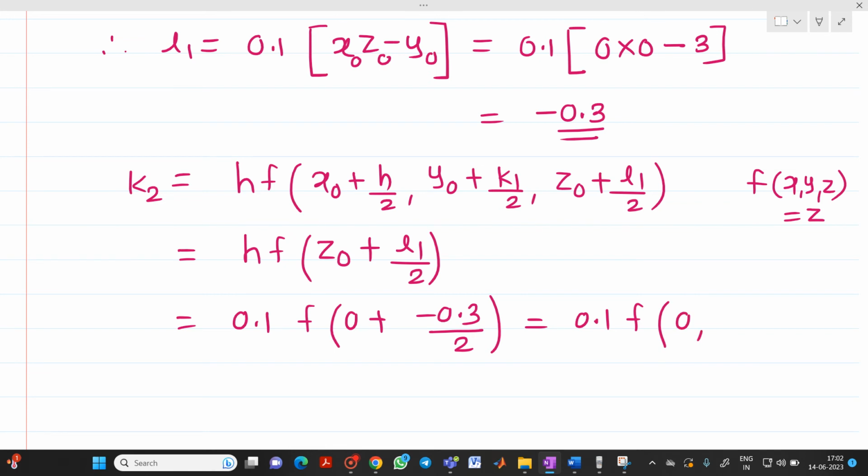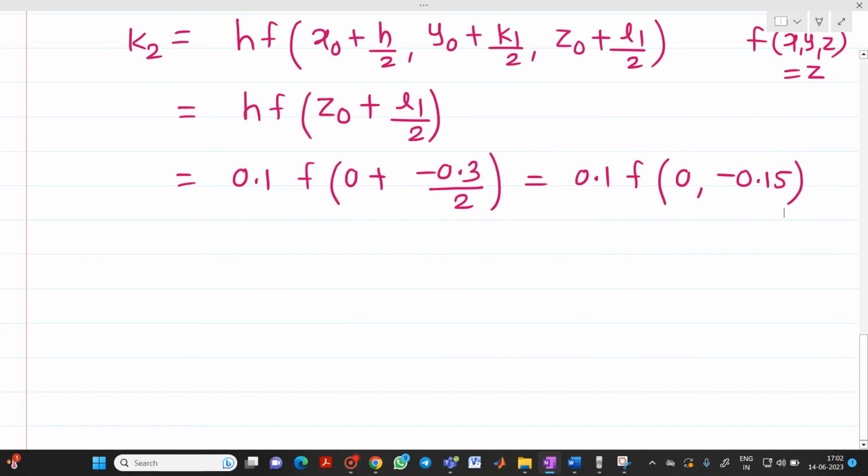Now what will be the value of minus 0.3 divided by 2? It will be minus 0.15, not 12, it is 15. So sorry, it is not a comma, it is 0, 0, minus 0.15. So what will it be? You will get 0.1 into f of minus 0.15.